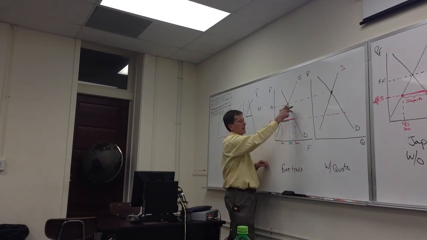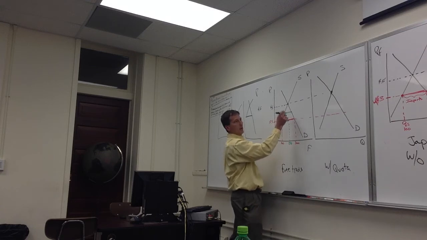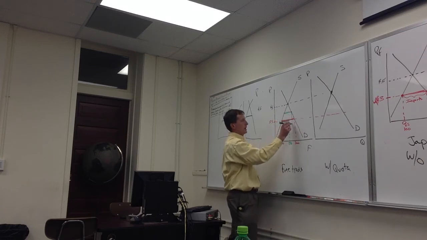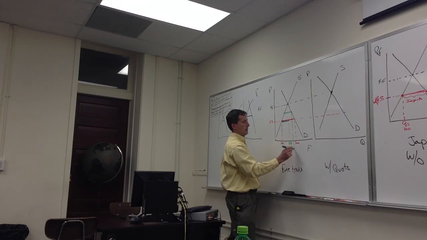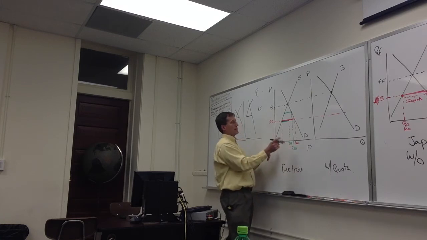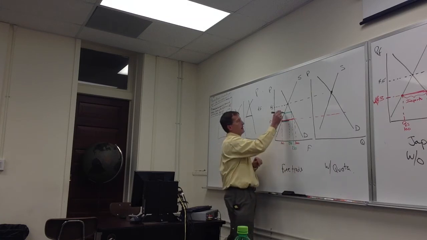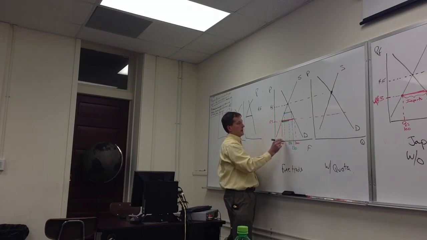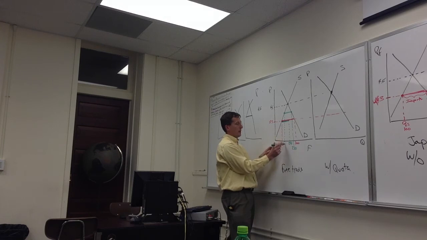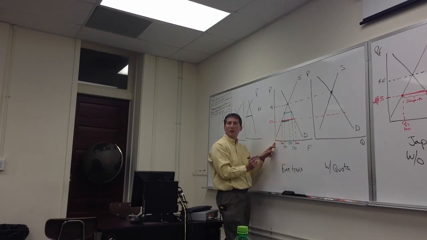The quantity wanting to be purchased now is this amount, which is 270. And the quantity supplied is the amount of imports of 140 plus 130 from domestic producers.